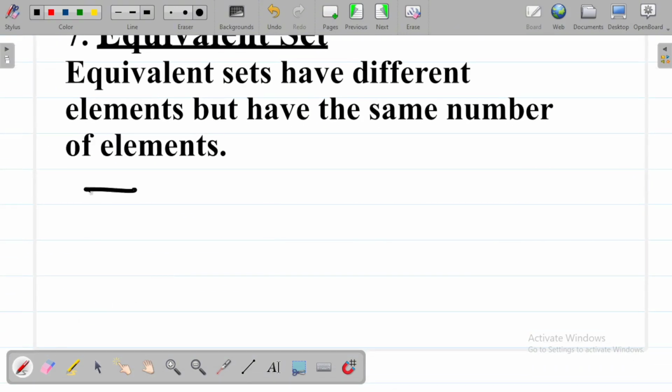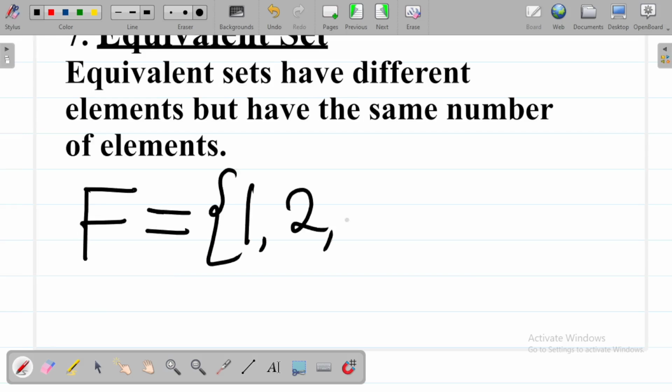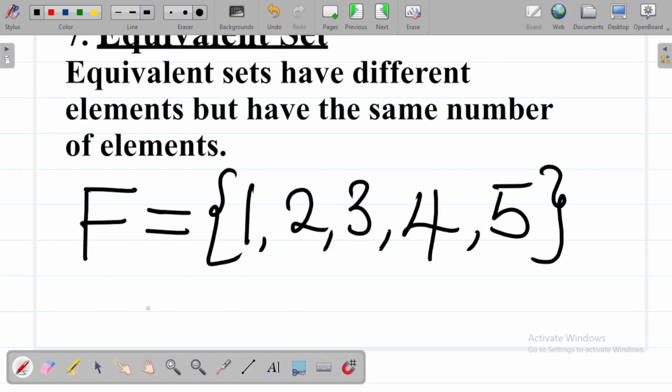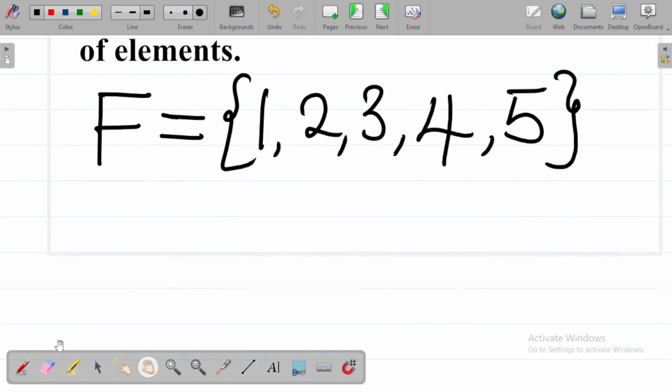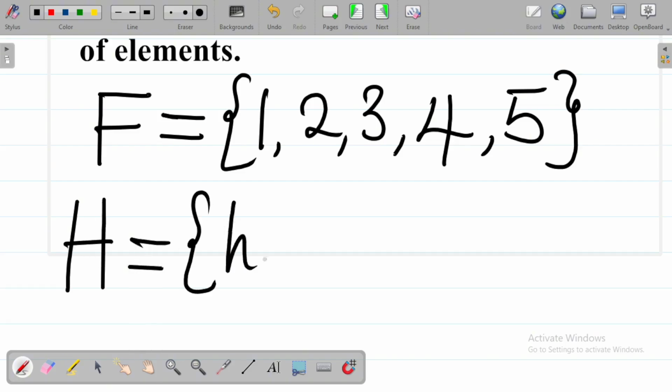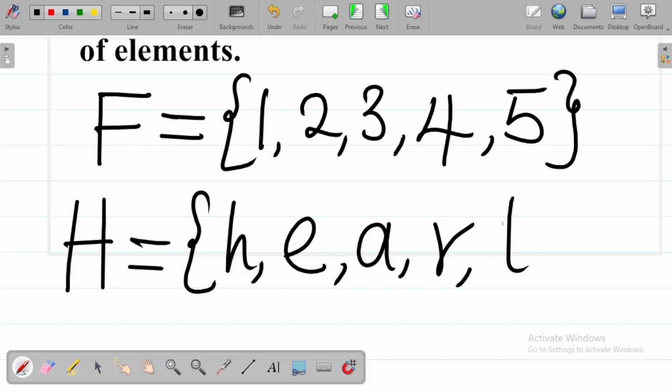If set F is equal to {1, 2, 3, 4, 5}, and then set H is equal to {H, E, A, R, T}.